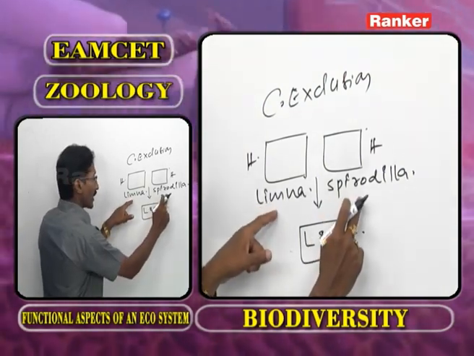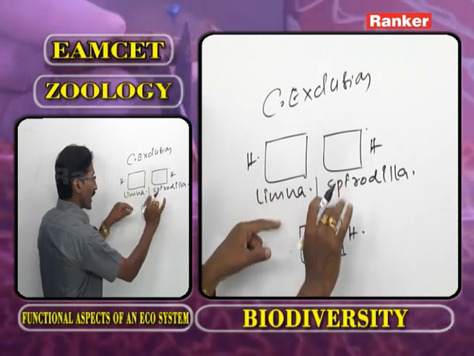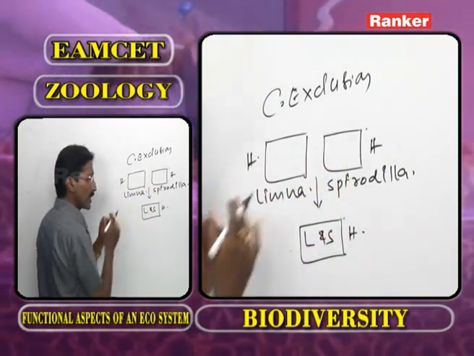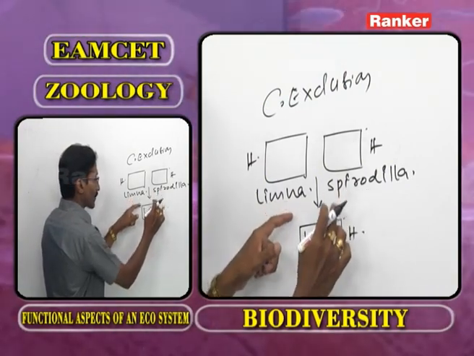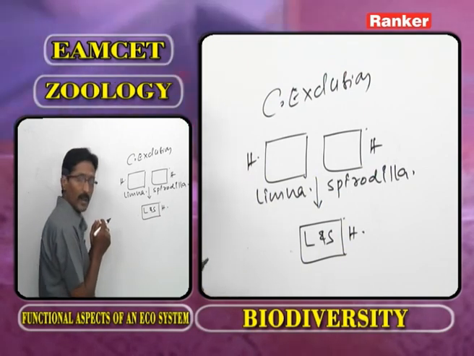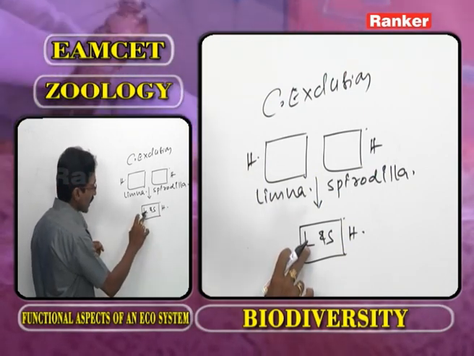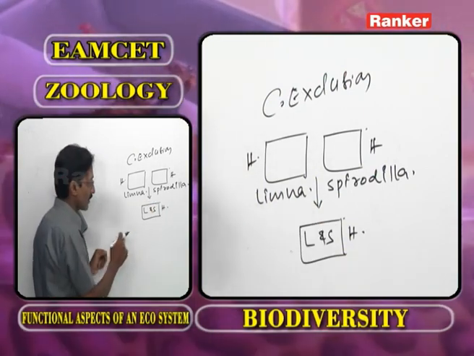Whenever Limna and Spirodela are present in their own habitat, no doubt they are independent. Whenever Limna and Spirodela are kept in the same habitat, the Limna is superior and dominant.